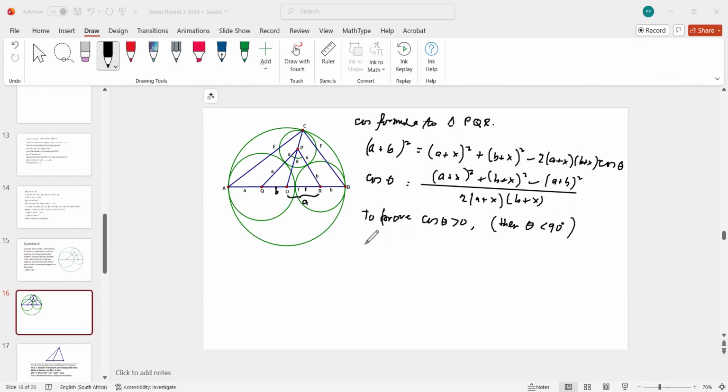So what do you have? You have the numerator to show. So in other words, we need to show that the numerator is positive. The denominator is already positive. To show that 0 is less than, okay, let's take the numerator.